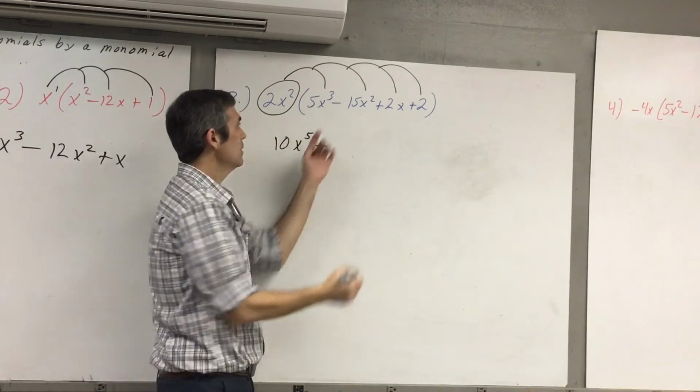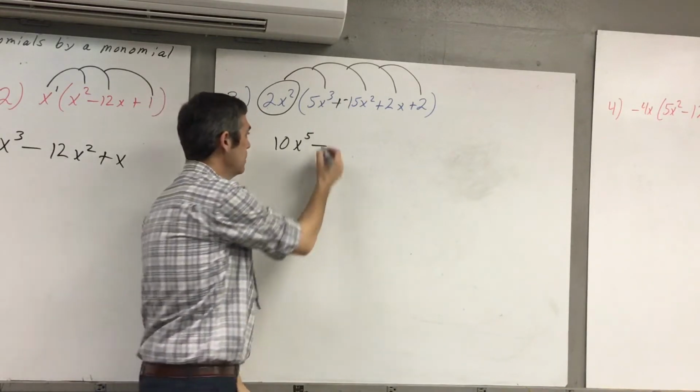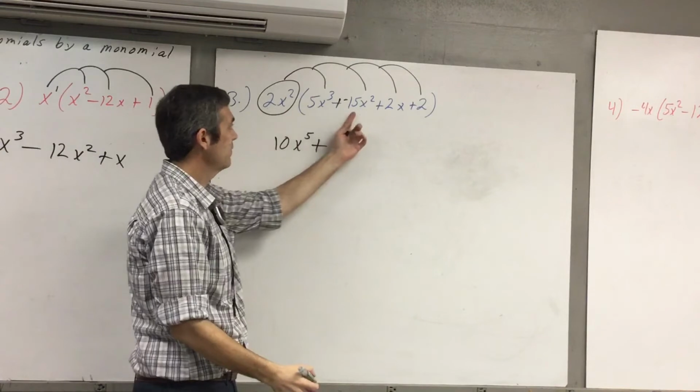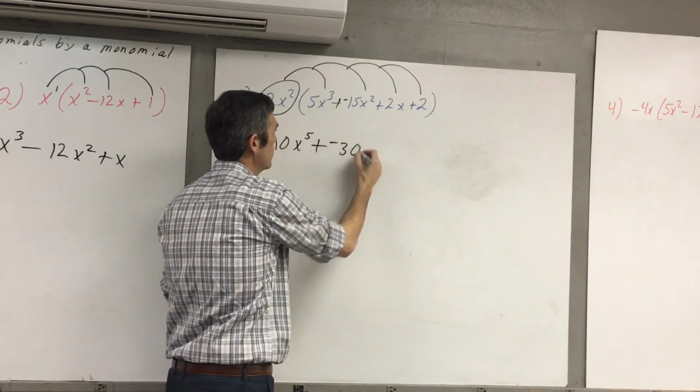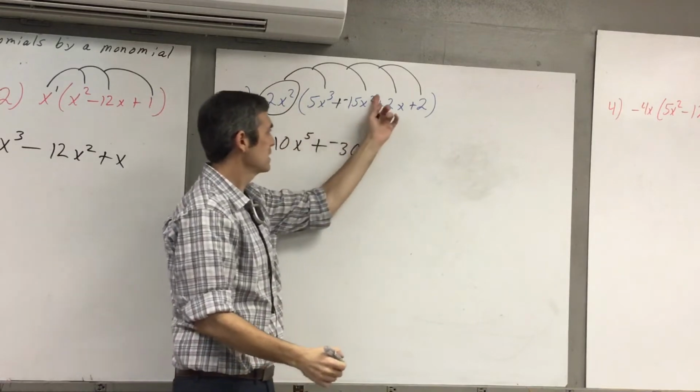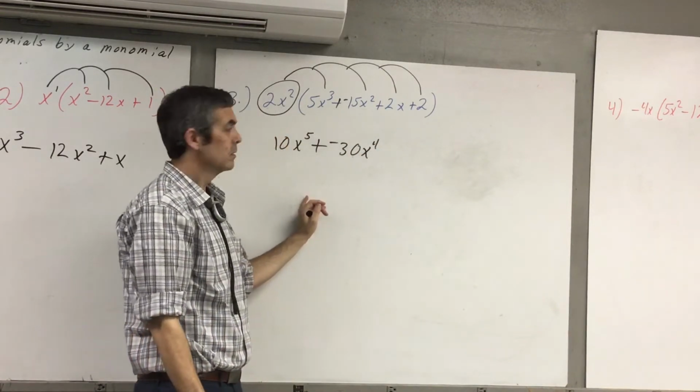Minus, and if you wanted to, you could have done this. It would have worked. It's fine. I could do plus here. And then 2 times 15, negative 15, gets us negative 30. X to the second gets you x to the 4th, okay?